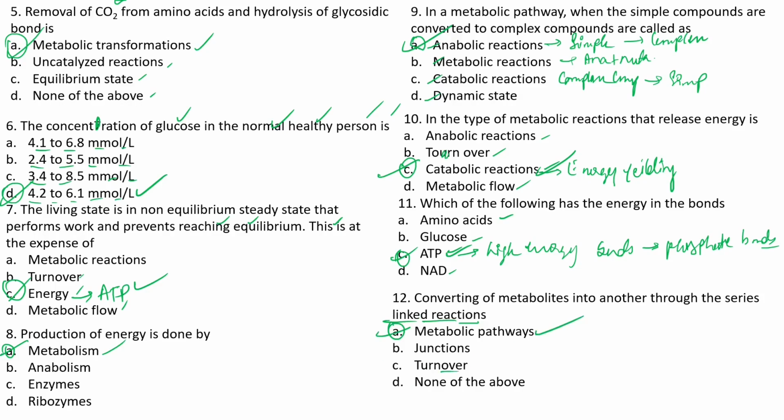Turnover is just converting one type of molecule into another kind of molecule. But in linked reactions, the movement of molecules occurs from one particular pathway to another pathway, and they are generally linked in nature. Hence, according to the options, it is going to be the metabolic pathways.